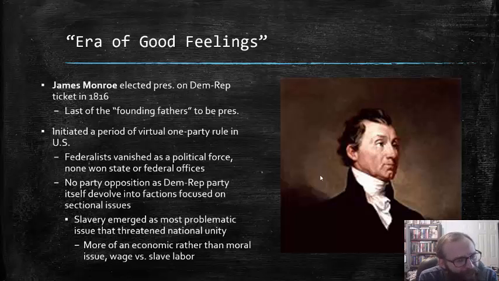Now, we must keep in mind, however, that particularly in this early stage, slavery and the advocates for and against it were coming at it from more of an economic angle and argument rather than a moral issue. This idea of wage versus slave labor. Although the moral and ethical components were beginning to really bubble up into the conversation as well.